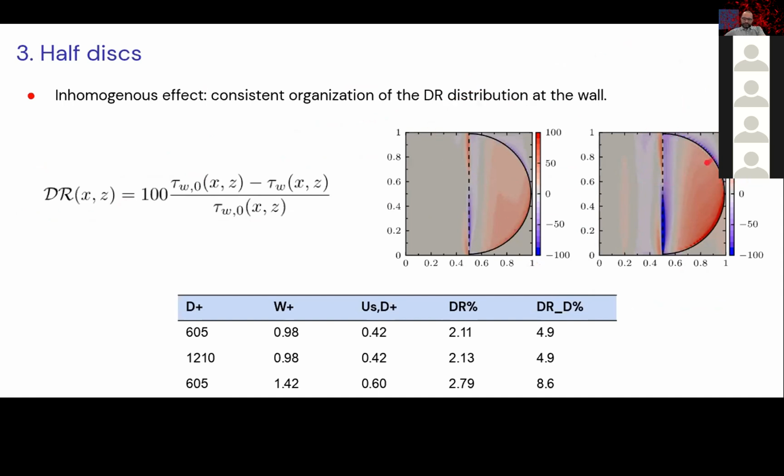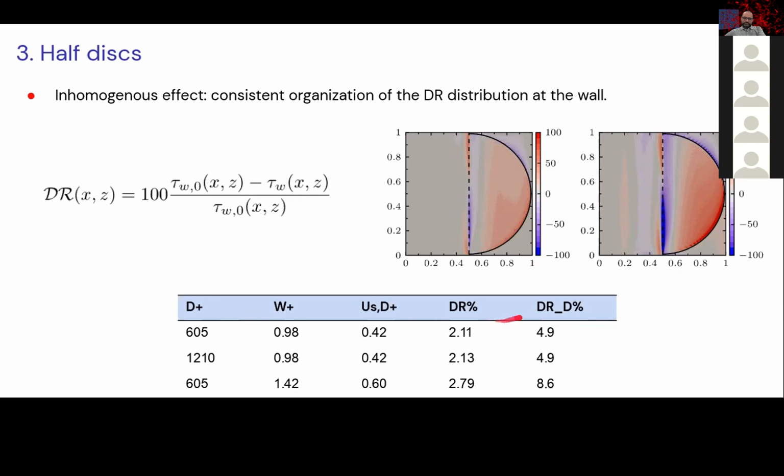We have a very strong drag reduction on the exposed half of the disk, and on the rest of the wall there are regions of drag increase, especially downstream, or regions where the drag is not altered significantly.